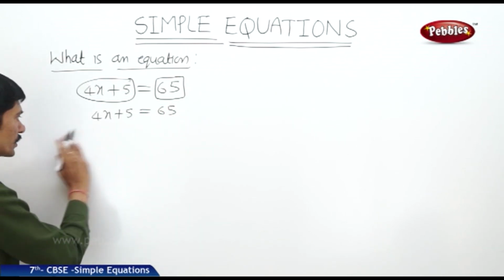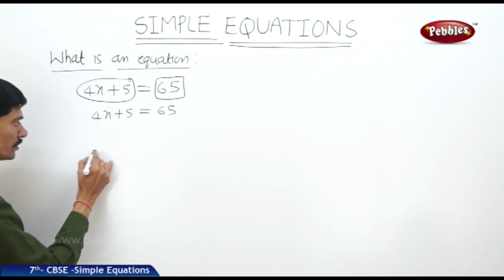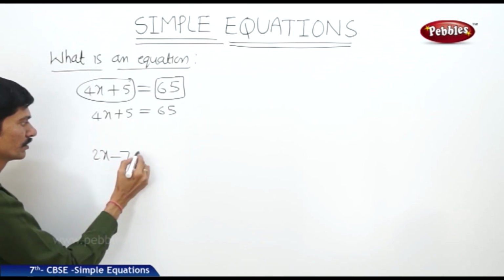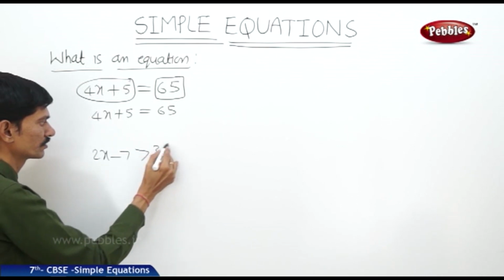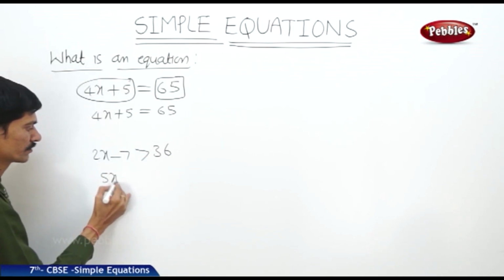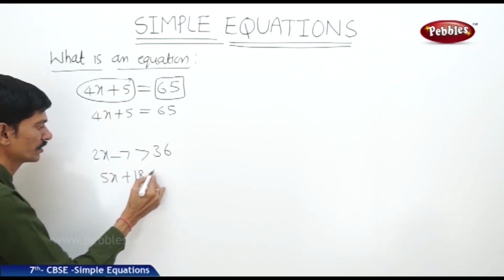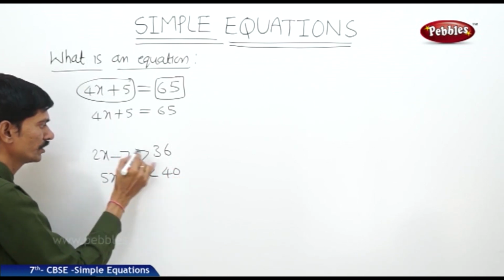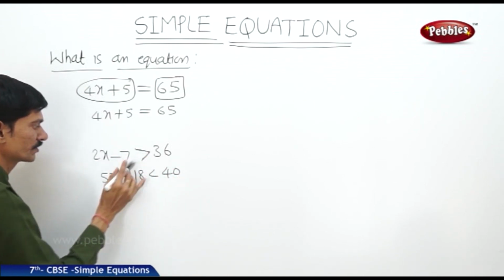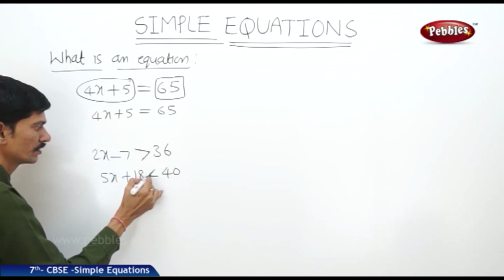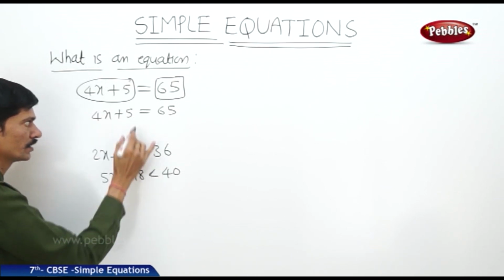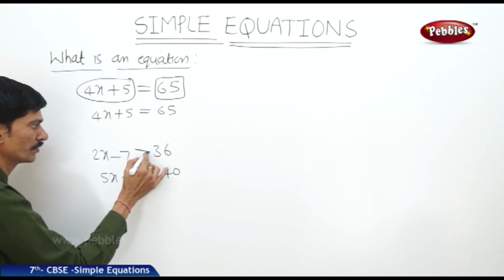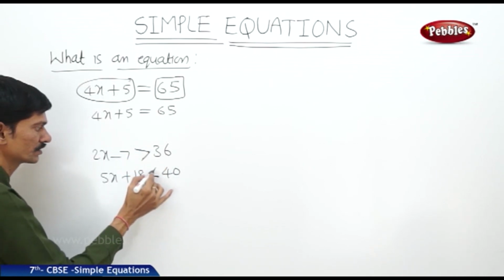Now if you consider any other expressions like 2x minus 7 greater than 36 or 5x plus 18 less than 40, these have signs other than equality. This sign is the greater than symbol and this sign is the less than symbol.